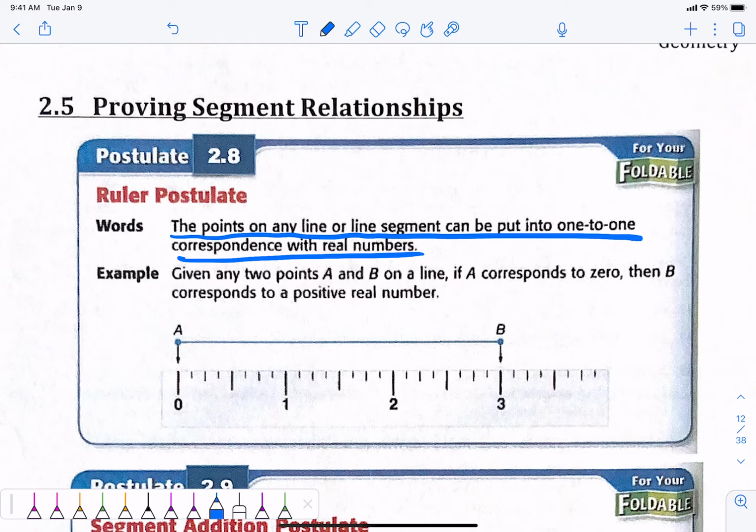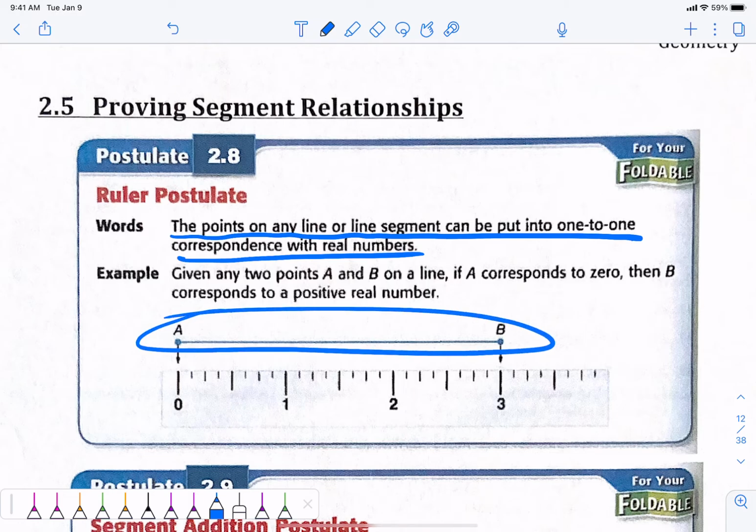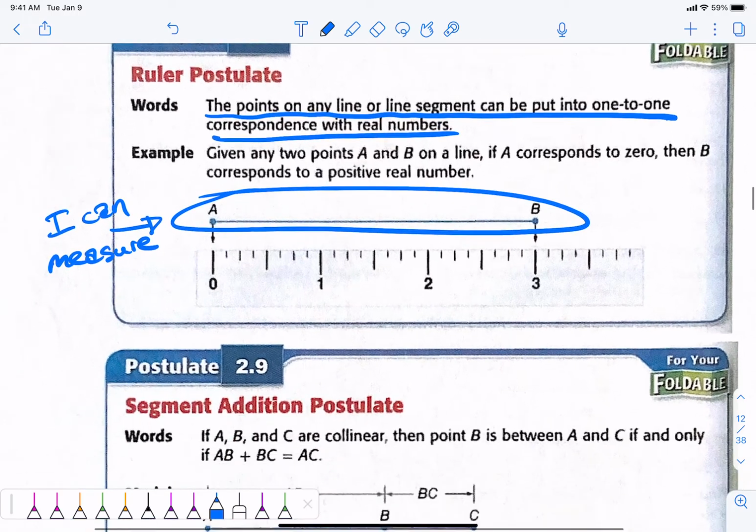What that means is, this line segment, I can measure it with a ruler. If you have a line segment, you can measure it with a ruler. That's what the ruler postulate says. Silly. We're not going to write that on the sheet. It makes sense.